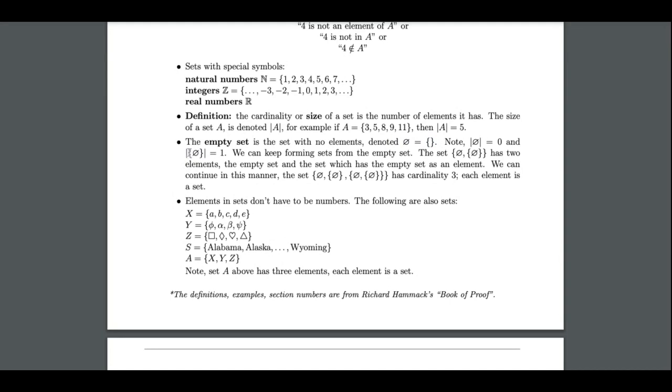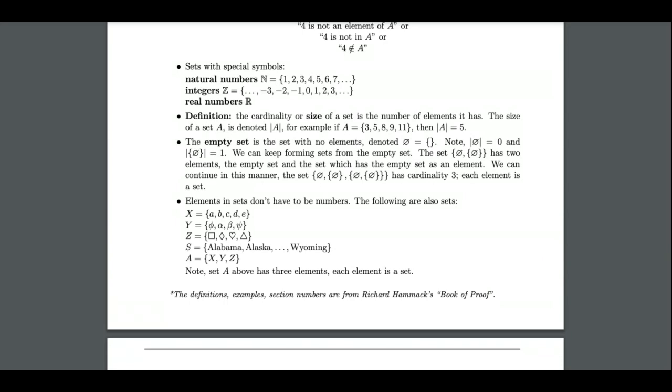So this is a set, and this set contains the empty set. That's why the size of this set is 1. Sometimes it could be mind-blowing, because one way you think, okay, the empty set contains nothing, so the size is 0. But then every set contains the empty set as a subset.